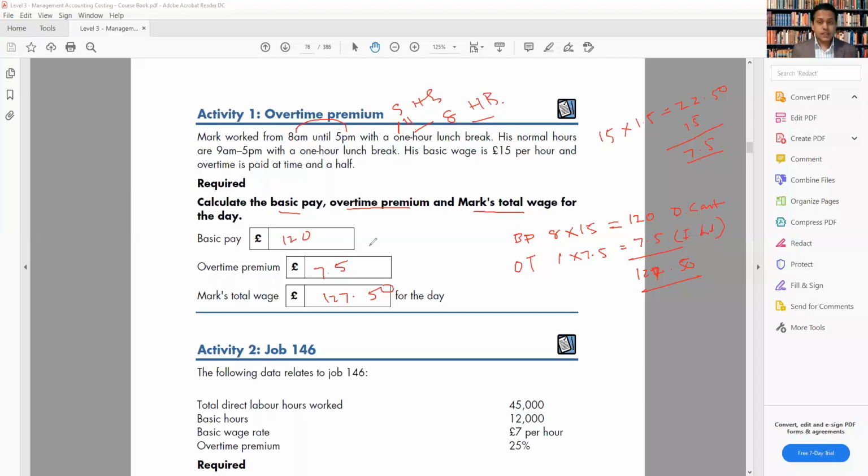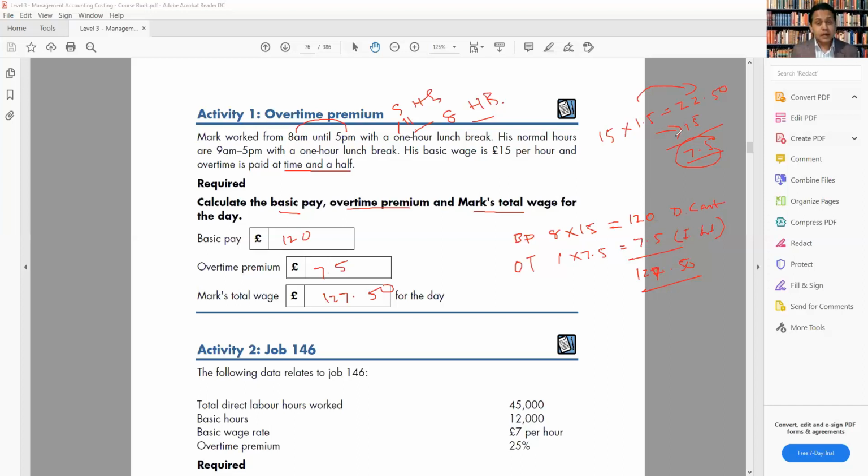Because the question said the overtime will be time and a half. If I work any overtime hour, I'll get some extra pay. So 15 times and a half gives me 22.50 per hour, but this 22.50 is not all overtime. For the overtime, I'm getting only an extra 7.5 because 15 is my basic pay anyway.